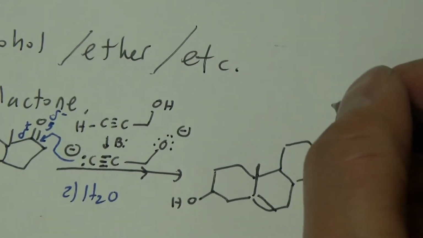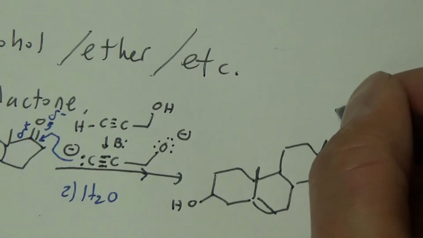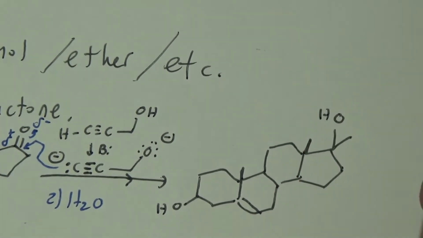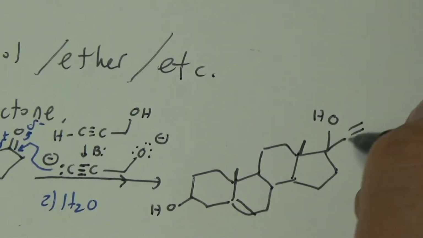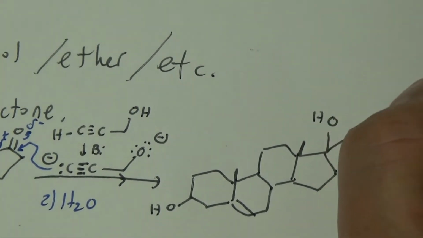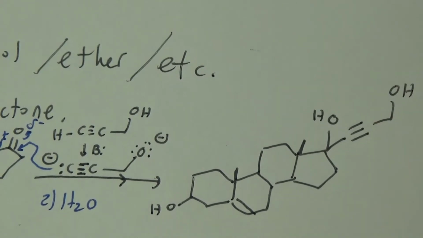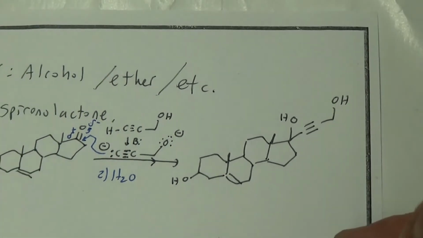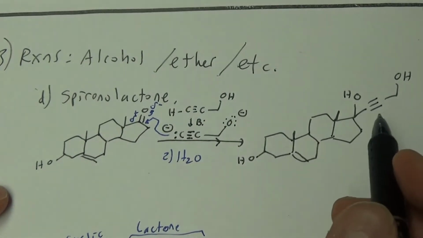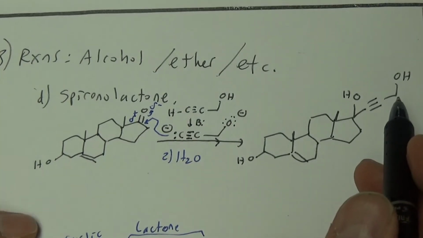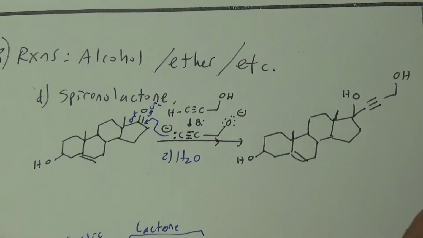What else? Now we have an alcohol. And now we have our alkyne. Make sure you draw the alkyne kind of linear, because alkynes are a linear functional group. And we got our alcohol there. So that's cool. That was pretty easy. All we did is attack the nucleophile onto the ketone. Now we have an alcohol with the alkyne and a hydroxy group.